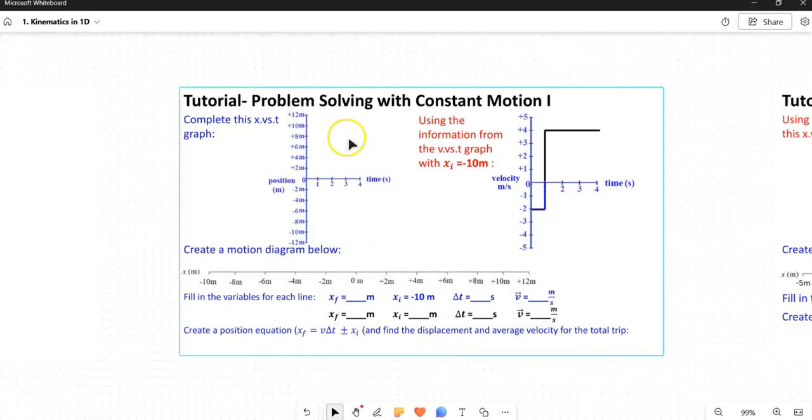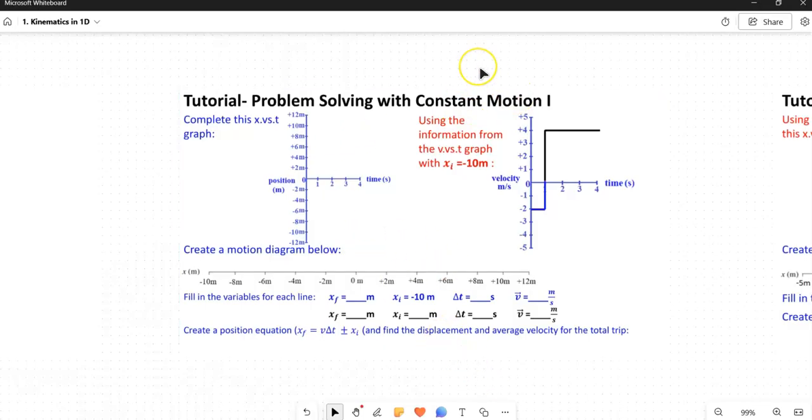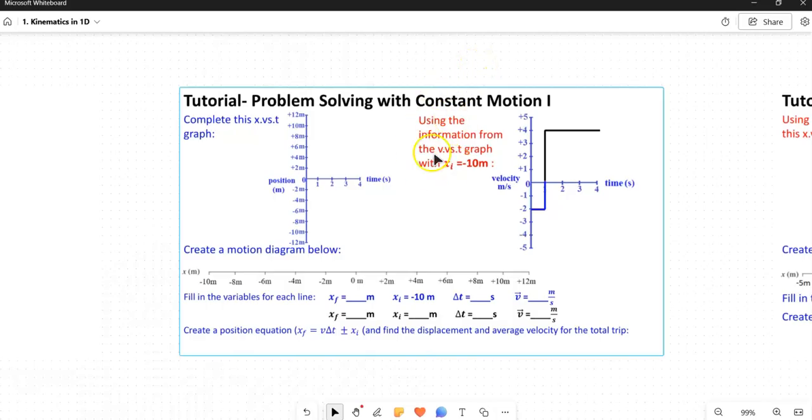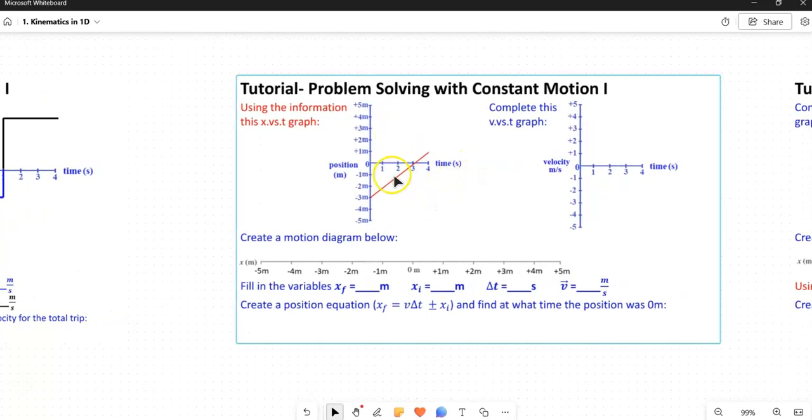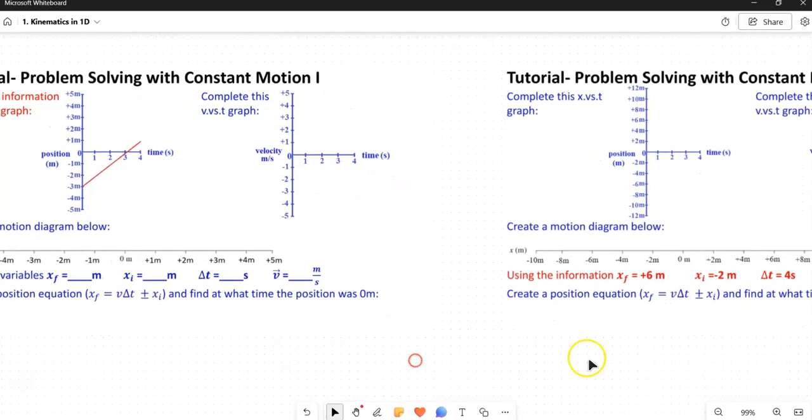In these tutorials, you're going to be given some context, which is what you're supposed to start with. In this case, you're given information for a velocity versus time graph. In some cases, you'll be given information for position versus time graphs.